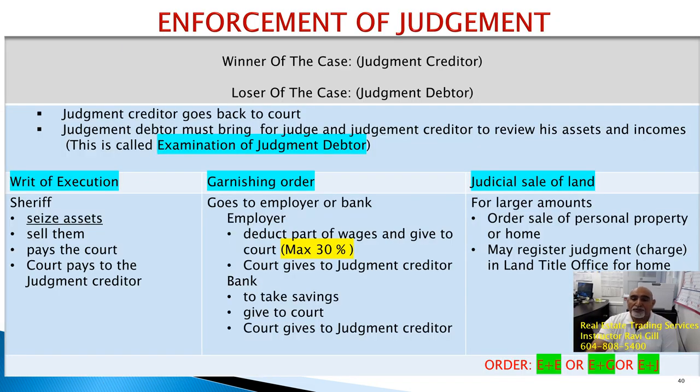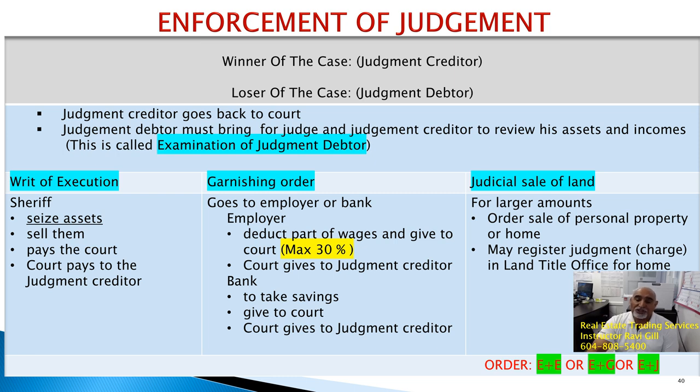Okay, so here's a big review. The judgment creditor is the winner, the judgment debtor is the loser. First thing that happens is called an examination of the judgment debtor. That's where the judge and the judgment creditor go through and ask questions about how much money they have, what properties they have, what their wages are, where they work, and so on.